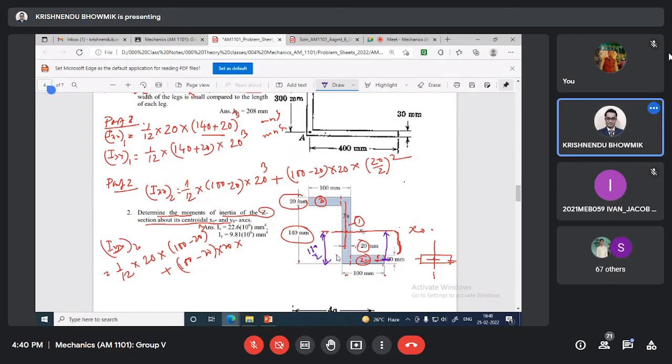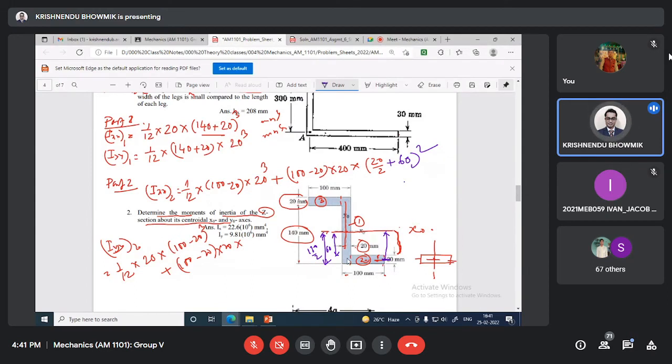That means this is 80. Then this was 60. So 80, this was 60, plus 10, 70 squared. Okay, now it's fine. That's supposed to be the expression.